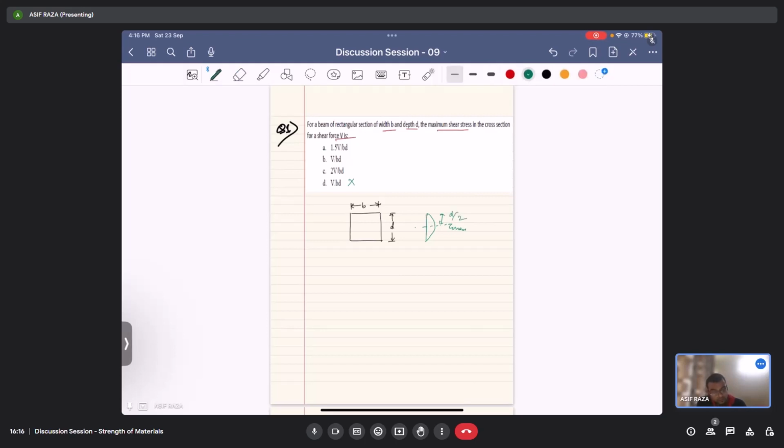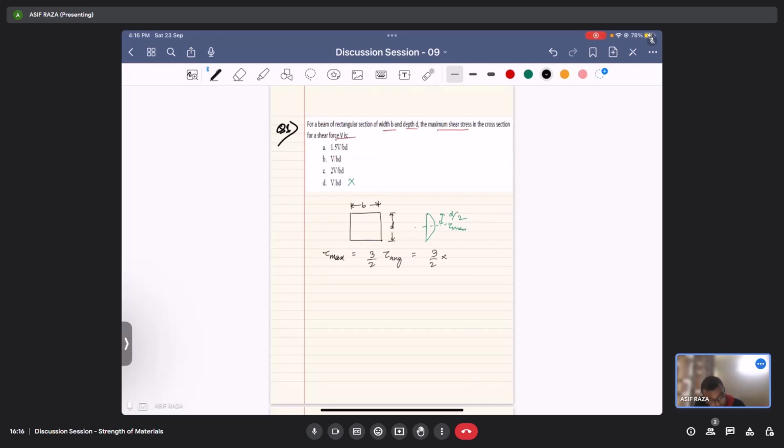D by 2. Okay. Now, there are two ways we can pursue. First way is, as we know, a direct way: tau max for the case of rectangular section is actually 3 by 2 times tau average.